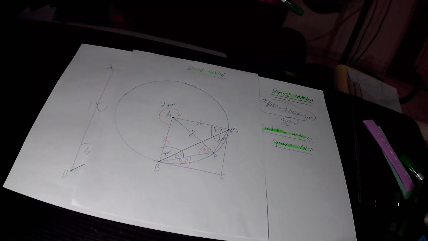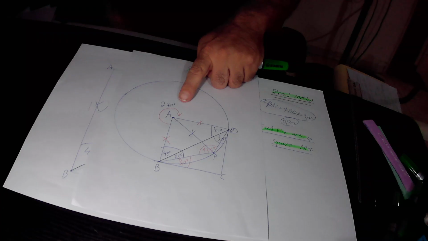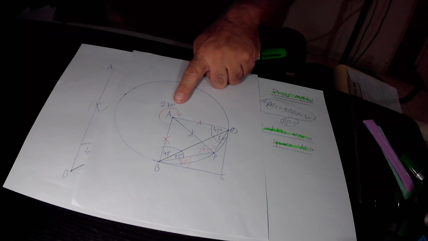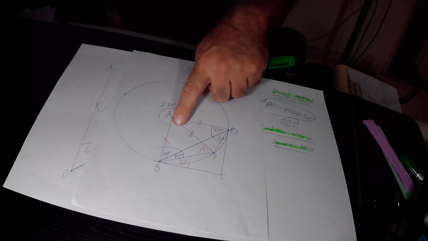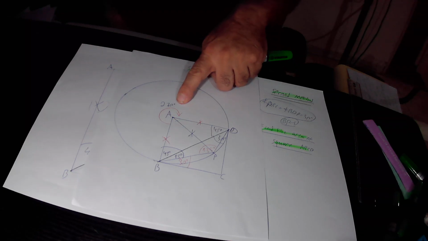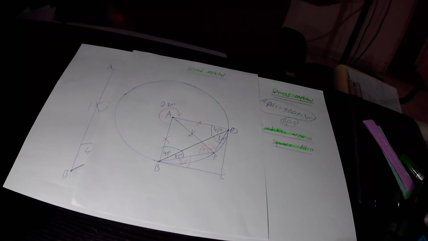So we know that the sum of the angles around any point is equal to 360 degrees. So the sum of the angles around point A must be equal to 360 degrees. This is a right angle, therefore this angle must be equal to 270 degrees in size, because 270 degrees plus 90 degrees is 360 degrees.